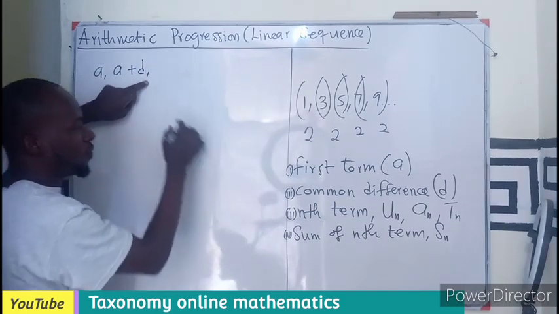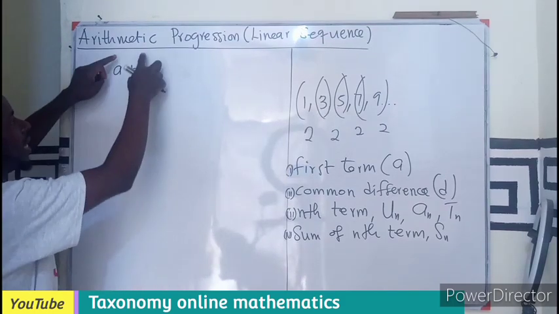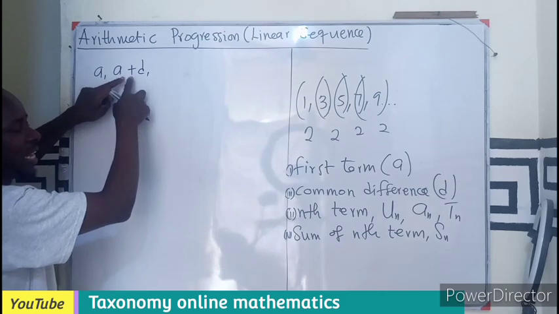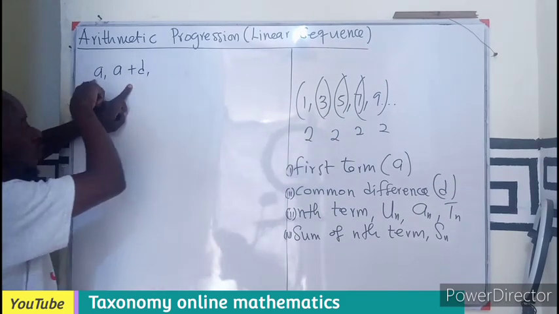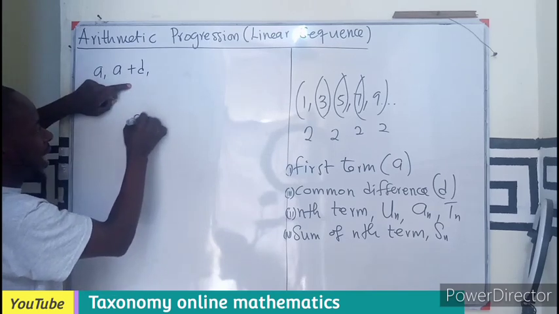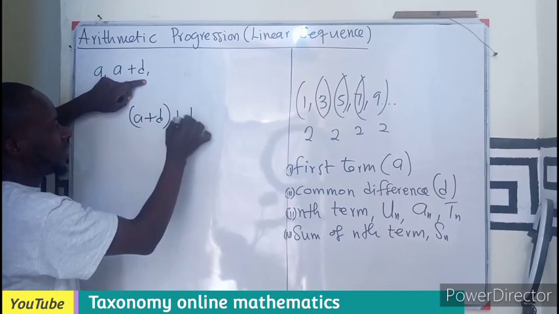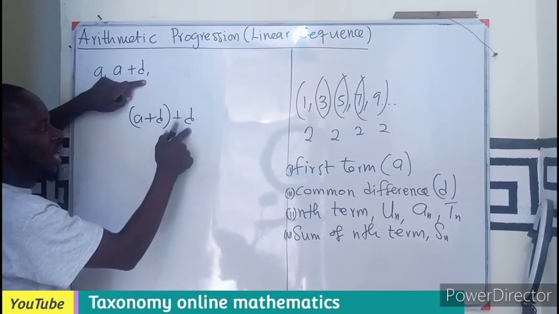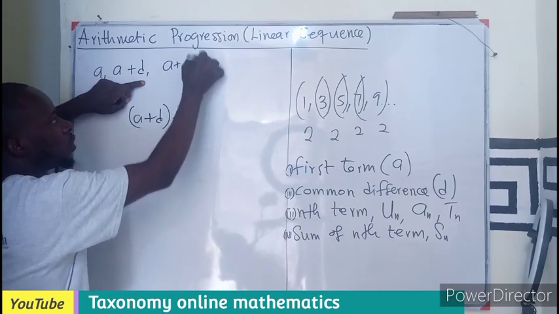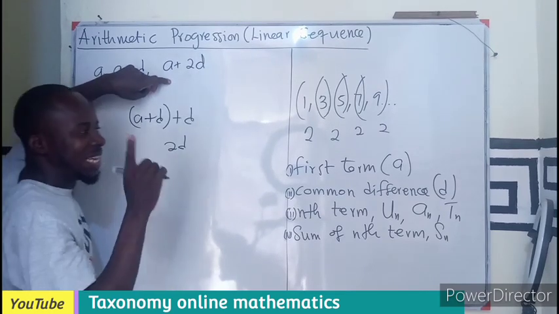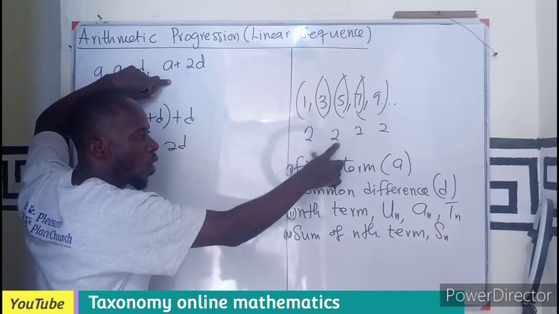Then if I am looking for the third term, that is going to be the previous term plus what? The common difference. We are no more going back to this. That will be A plus D, which is the previous term, plus the common difference D. And D plus D will give us 2D. So that becomes A plus 2D. And in the same way, if I am looking for the fourth term, it will be the third term plus the common difference.